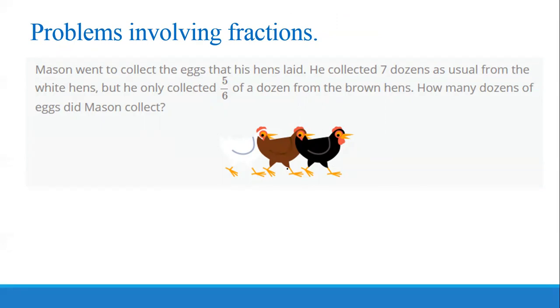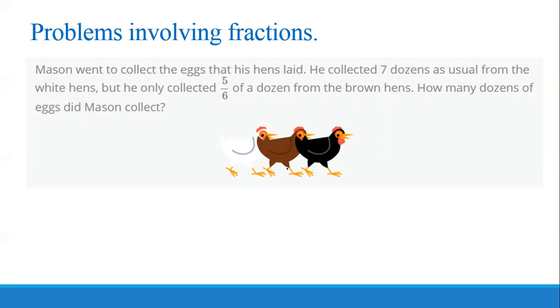So this problem involved the addition of a whole number and a fraction. Tama? So in this problem, ano yung simplest way to show how many dozens there are? Okay, the simplest way to show how many dozens there are is by using a mixed number.